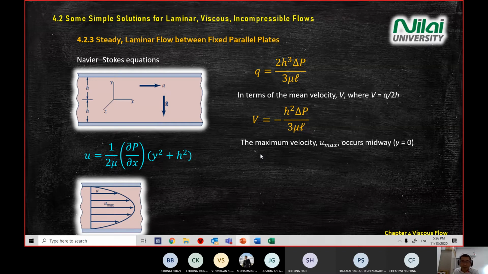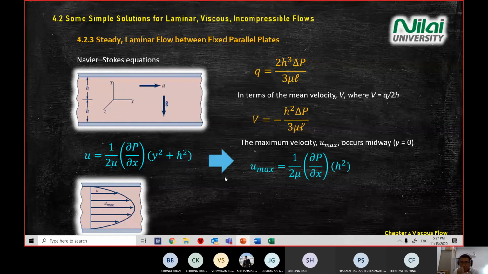Interesting, just a reminder, we always have a maximum velocity at the middle of the plate, the middle of the channel, which is here. If you look at the velocity profile, we always have a maximum here. So when y equals 0, at our origin, the center line of our channel.